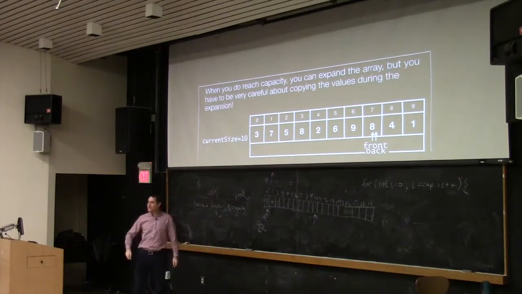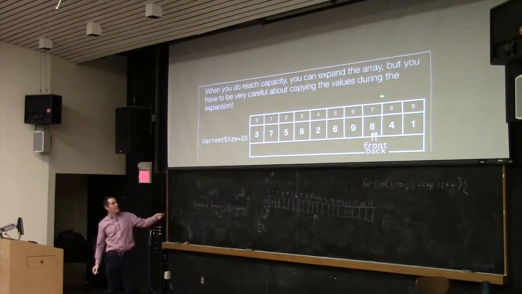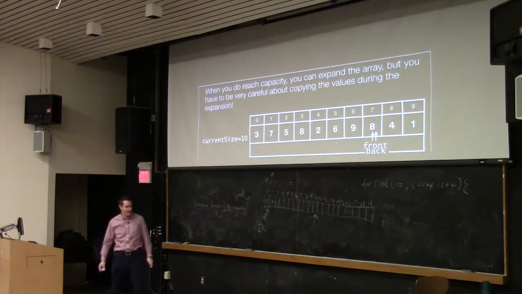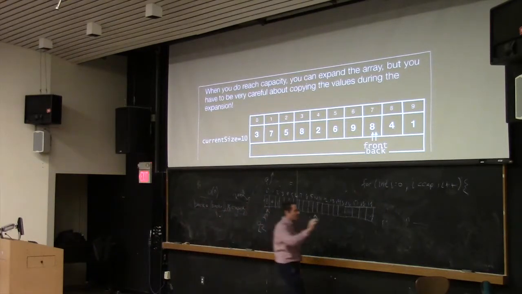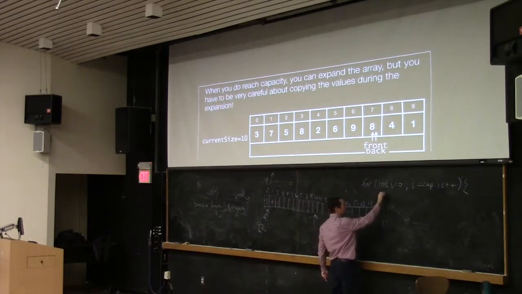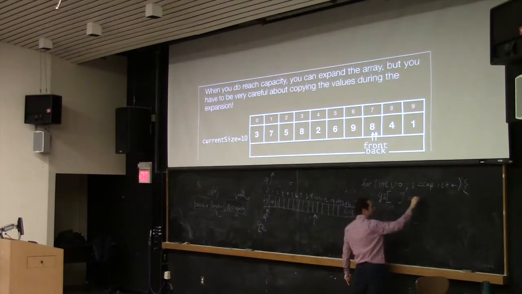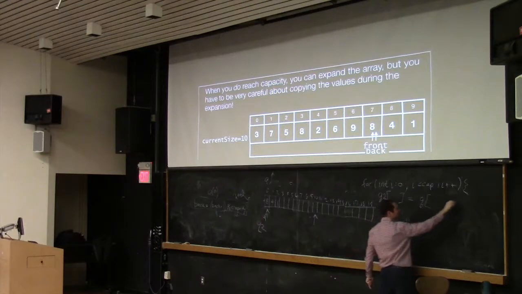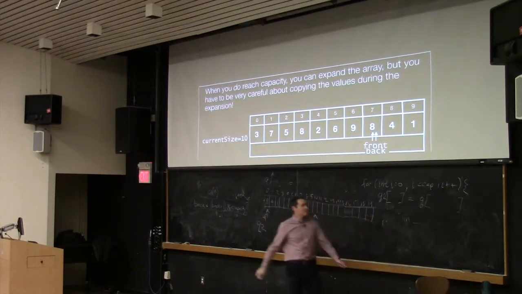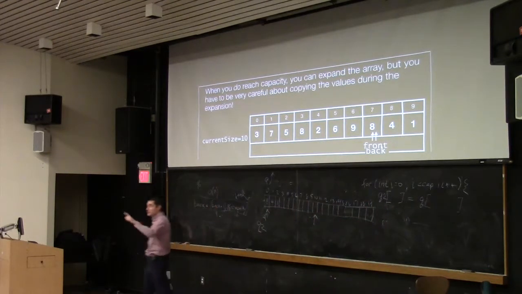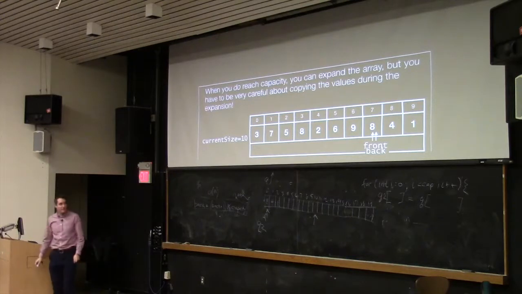We need to copy 8 into the first position, 0. So let me start this one out. Q2 location something gets Q location something. What are those two things going to be? Talk to your neighbor about it and fill those in.